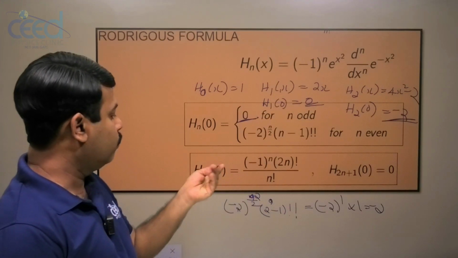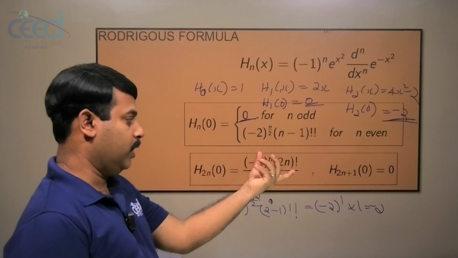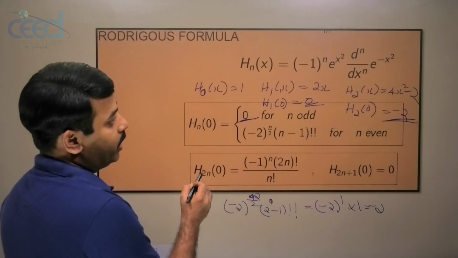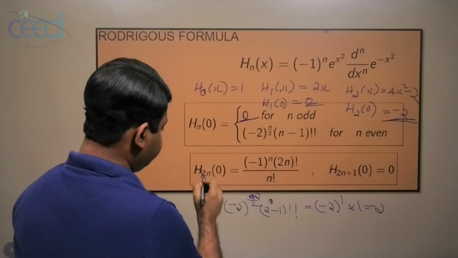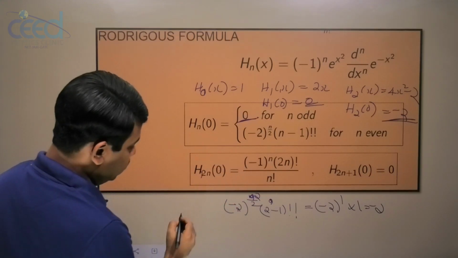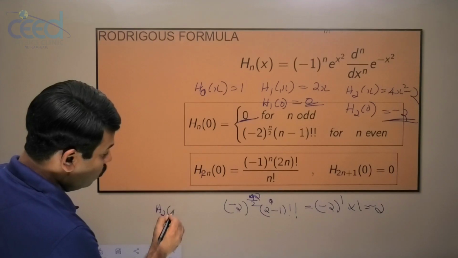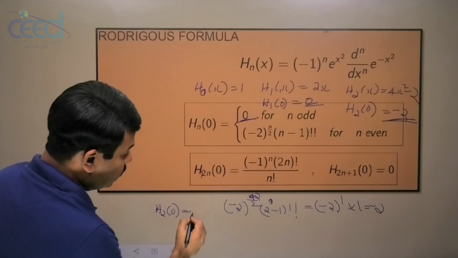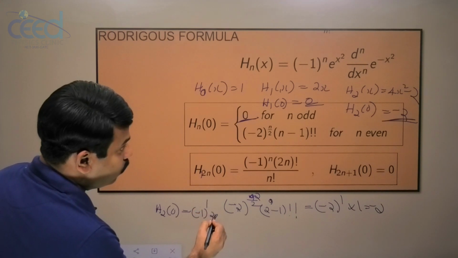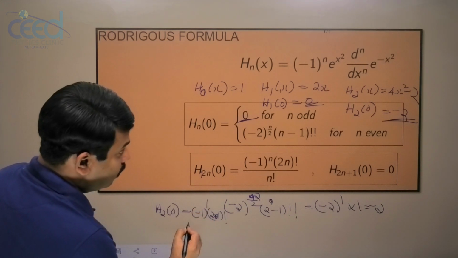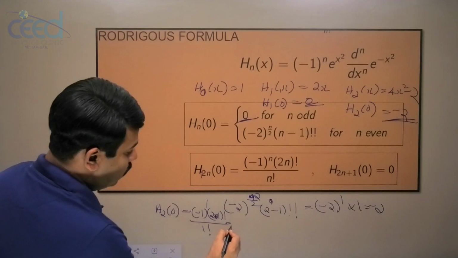Similarly, h2n of 0, you can find using this formula also. Suppose n is equal to 1, then h2 of 0, you get minus 2. For example, suppose n is equal to 1 in this, then what is h2 of 0? h2 of 0 is minus 1 raised to 1, 2 into 1 factorial divided by 1 factorial. What is this value?